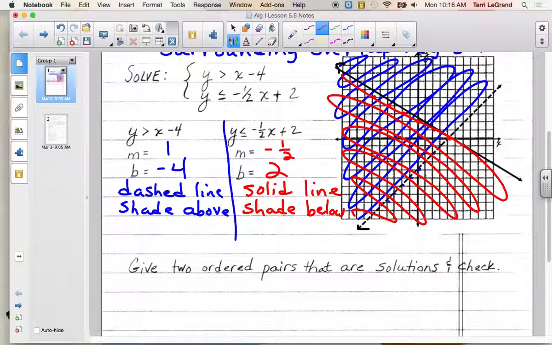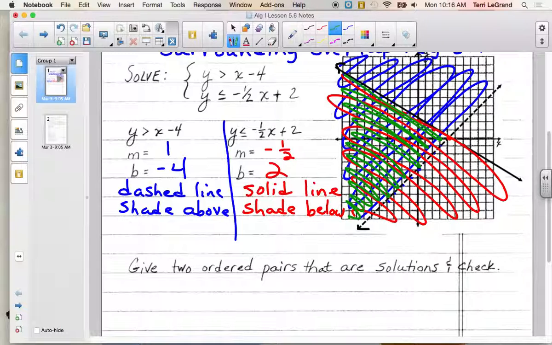You have the part that looks like a greater than. In fact, what I'm going to do is take the green, and with your pencil, you're going to shade a third time just to show that all of this in here is the solution region, the overlap region. So our overlap region, where were both of them shaded?